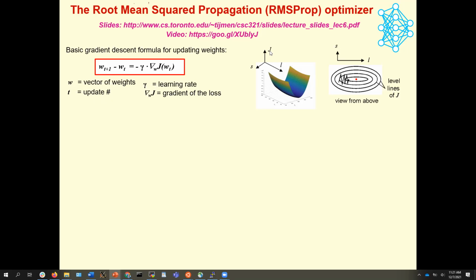So the loss will be a function of 2 variables. And the surface of the loss function will look like this. It will be like a ravine with 2 steep slopes. So the view from above looks like this, where these lines are level lines of the loss function.